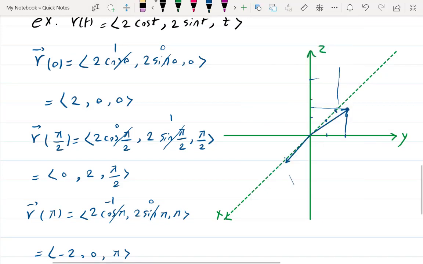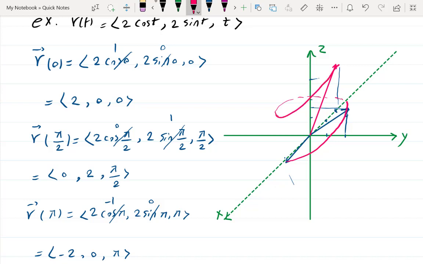That is this one. Again, since there are a lot of position vectors, by connecting the ends of these position vectors to each other, a directed curve is created. That is, here is a spiral.